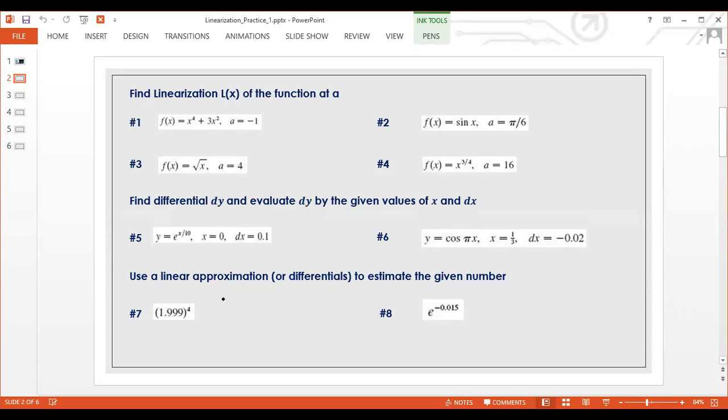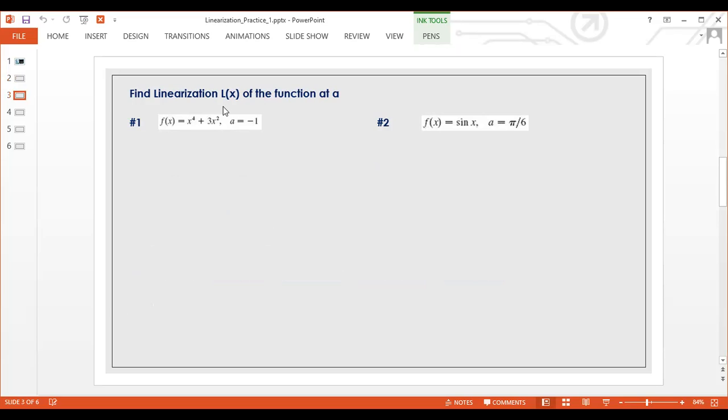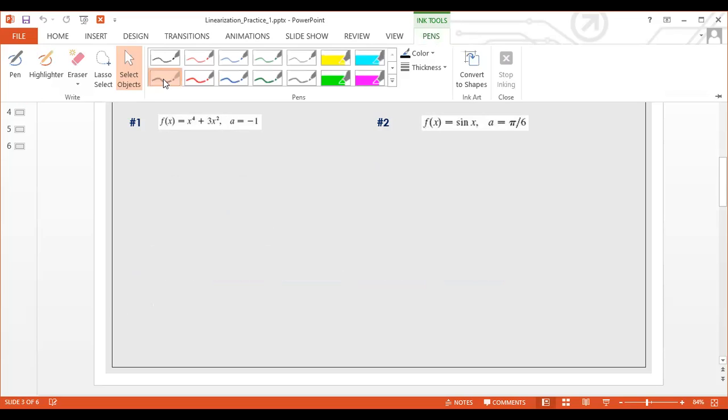Then we're going to use the linear approximation to find something like 1.999 to the fourth power. How can we do it without using the calculator? And amazingly, when we use the linear approximation, it's pretty close to the calculator value. That's the amazing part of linearization. Okay, so now let's get started.